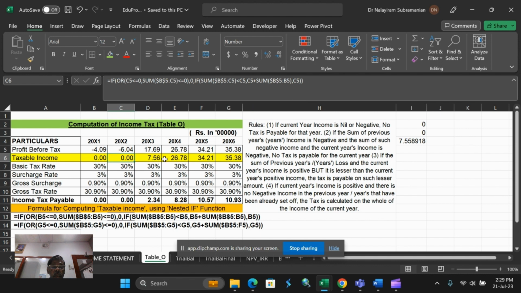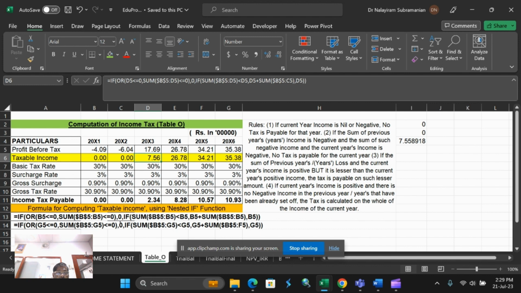In this case, the sum of B5 to D5 is positive, but that positive sum is lesser than the 17.69. So the taxable income is calculated accordingly.